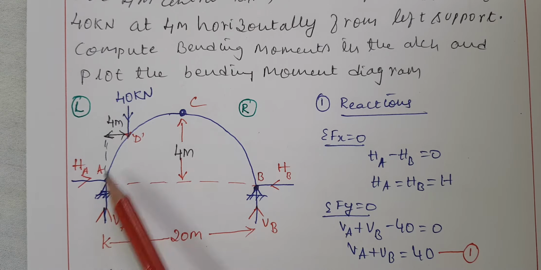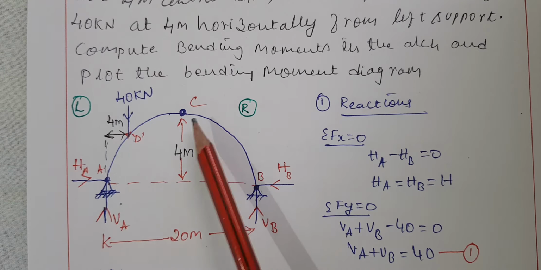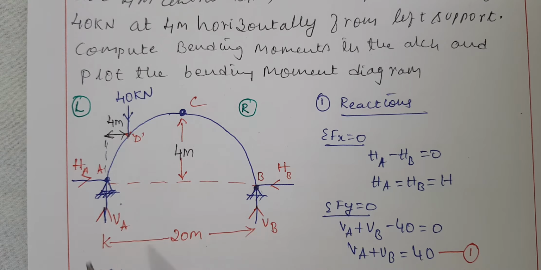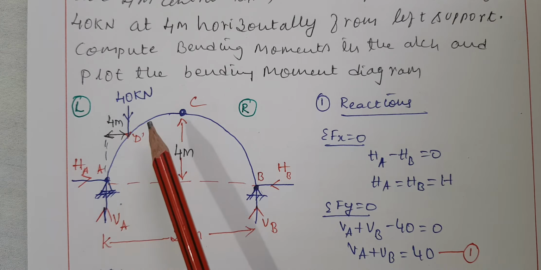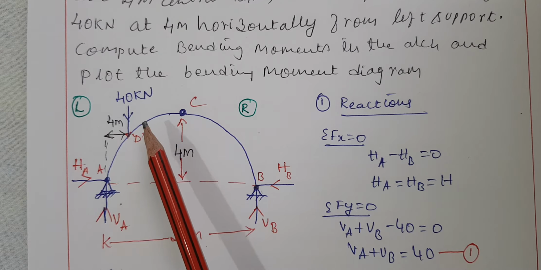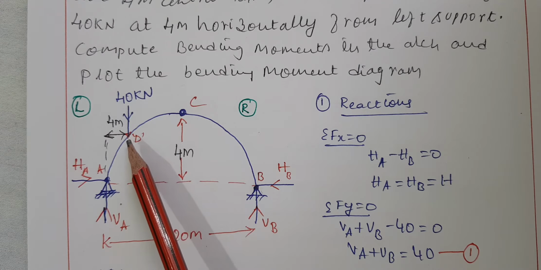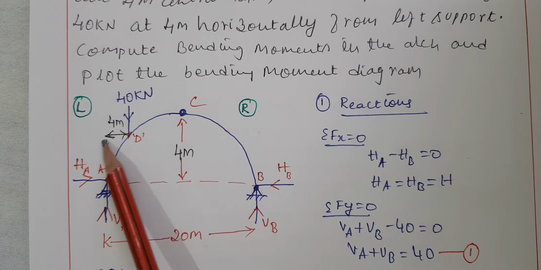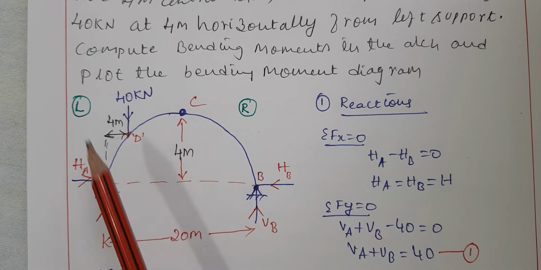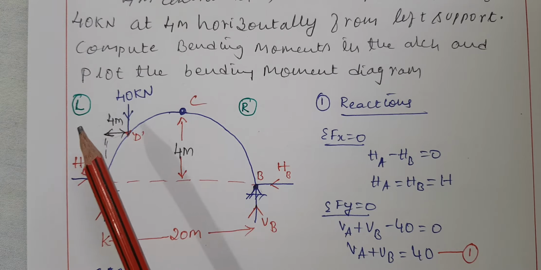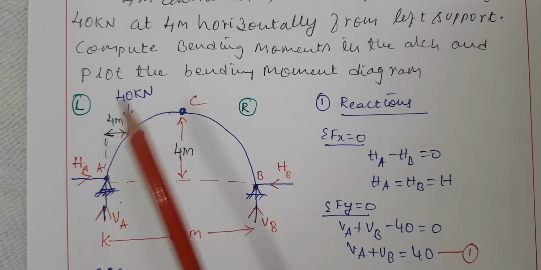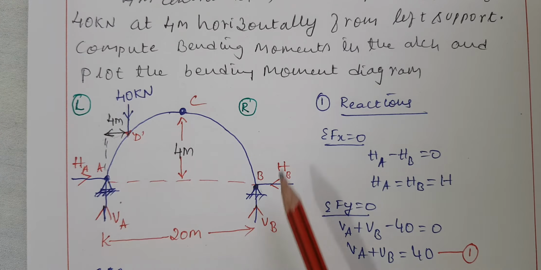A, B and C are the hinges, and the span is 20 meters, as given, and the central rise is 4 meters, as given. They have also given a point load of magnitude 40 kilonewton, which is acting exactly at a distance of 4 meters from the left support. That is what is given in the problem, so that is what I wrote here.